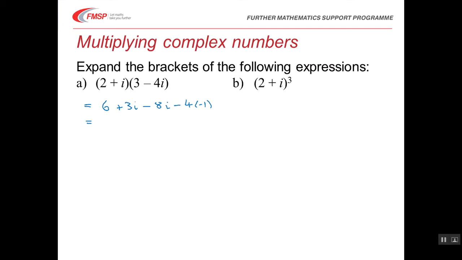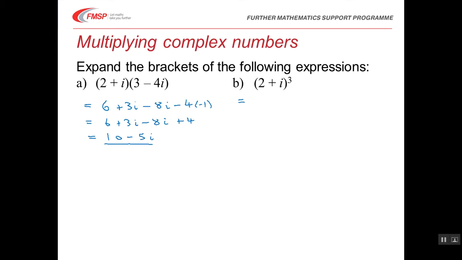So we get 6 plus 3i minus 8i plus 4, and collecting real parts together, we get 10. 3i take away 8i is minus 5i.